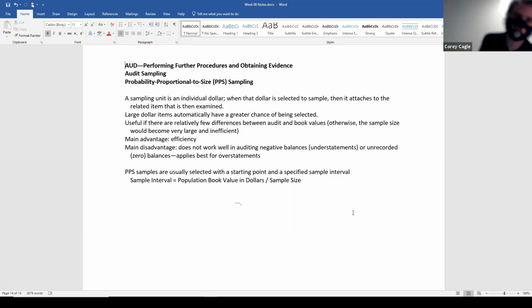And I guess the cool advantage of this is it automatically gives you a better chance of selecting those more material items, because the population is an individual dollar, and you have a more likely chance of hitting those big dollar items because the bigger the item is, the more chance it has to get chosen because there's more dollars there, right?